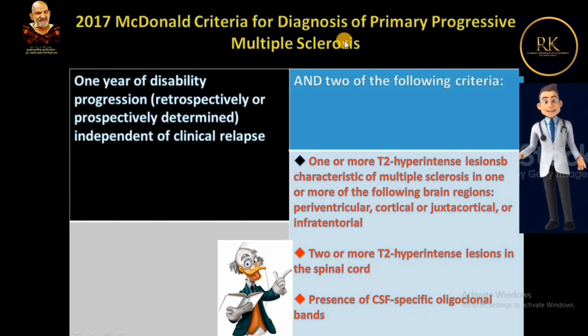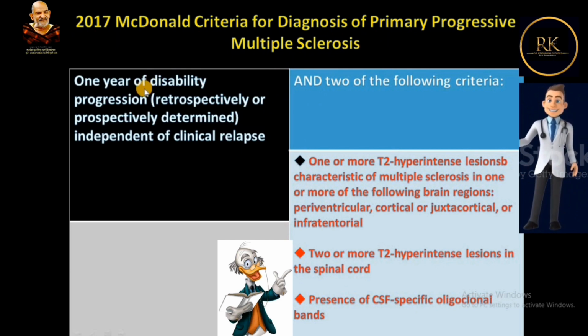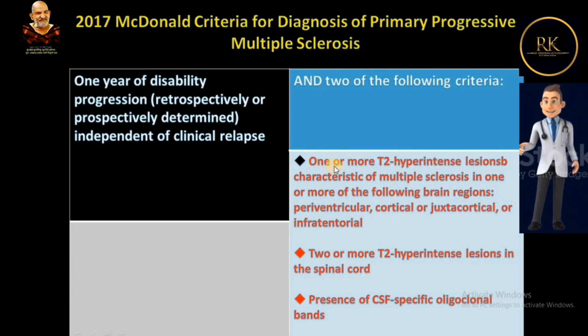So this is the criteria for primary progressive multiple sclerosis: 1 year of disability progression independent of clinical relapse, and 2 of the following: 1 or more of the T2 lesions in 1 or more of the brain regions, 2 or more of the T2 lesions in the spinal cord, and presence of CSF-specific oligoclonal bands.